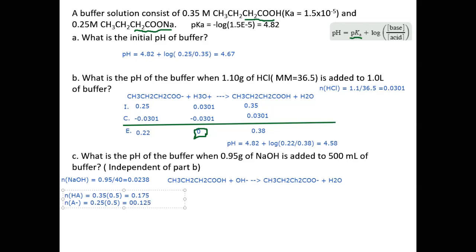So now we have the moles of weak acid and moles of weak base. We can do our ICE table. So we have the initial, change, equilibrium.